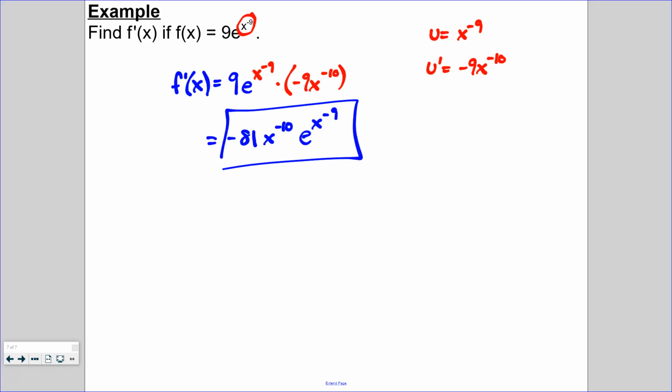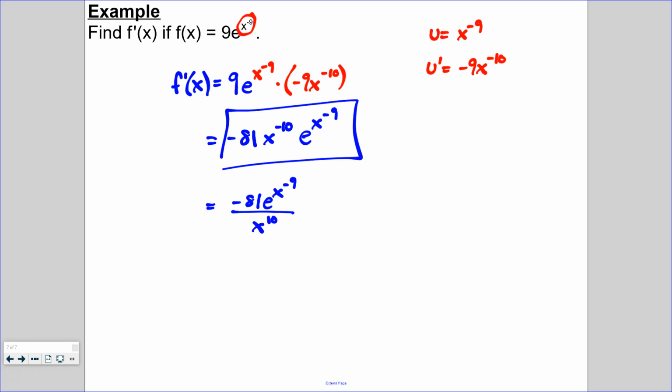Now, if you wanted to show off, which again you don't have to, but if you wanted to show off, which, well, I do, we could even rewrite this as negative 81 e to the x to the minus 9th power all over x to the 10th. So we can get rid of that negative 10 exponent. But wait, there's more.